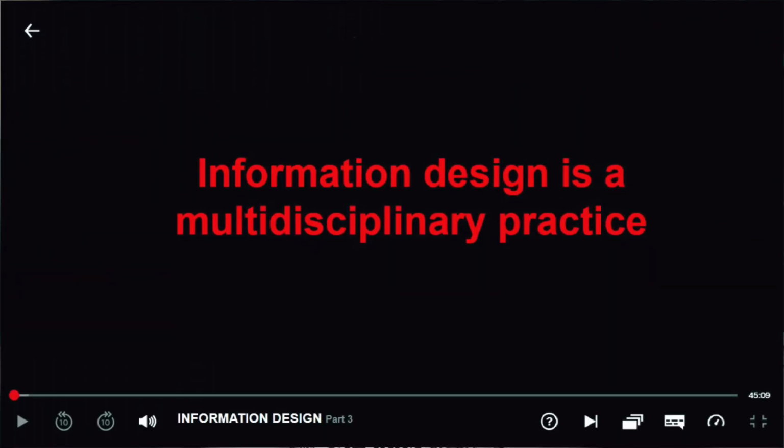Then, information design is a multidisciplinary practice. And we know that when we say multidisciplinary, it talks about combining or involving several academic disciplines or professional specializations in an approach to a topic related to information design.